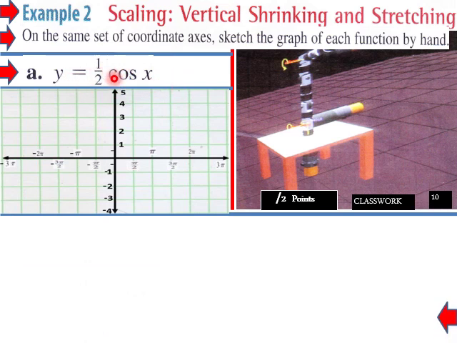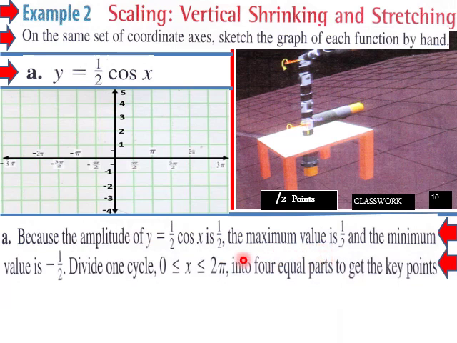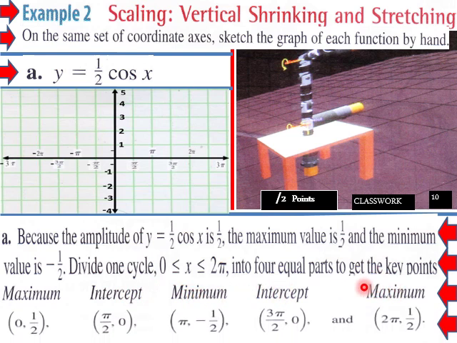So y equals 1/2 cosine x. Because the amplitude of y equals 1/2 cosine x is 1/2, the maximum value is 1/2 and the minimum value is negative 1/2. Divide one cycle between 0 and 2 pi into 4 equal parts to get your key points: maximum, intercept, minimum, intercept, and then back to your maximum again.